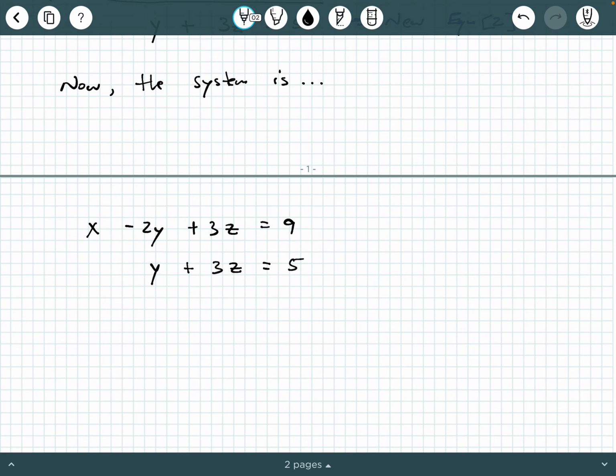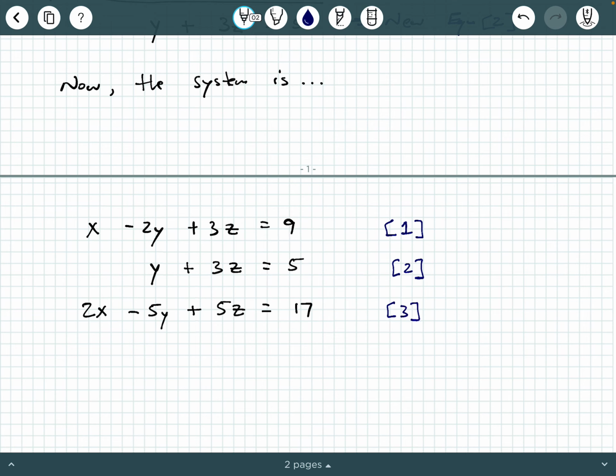And remember, we have not messed with equation 3 at all yet. So equation 3 is still 2x minus 5y plus 5z equals 17, okay? So again, equation 1 remains unchanged. Equation 2 has been changed now, and equation 3 still remains unchanged.